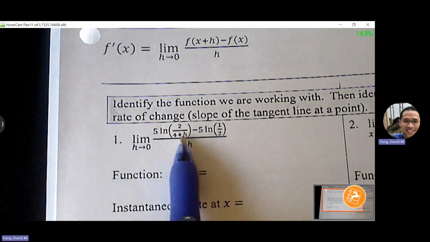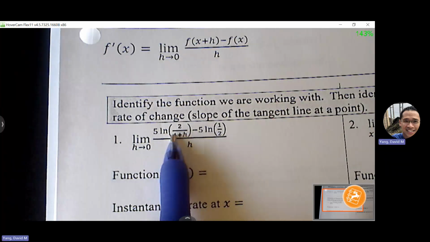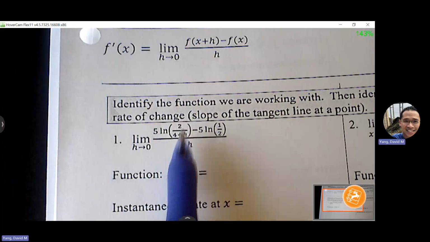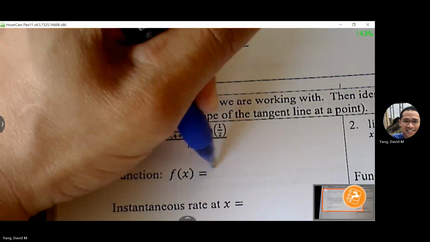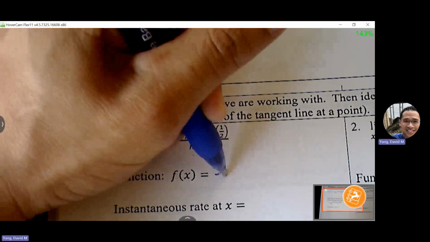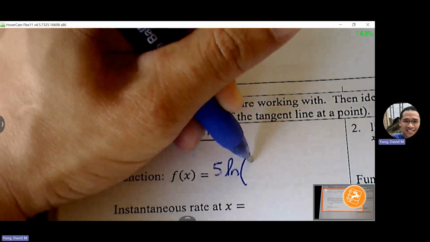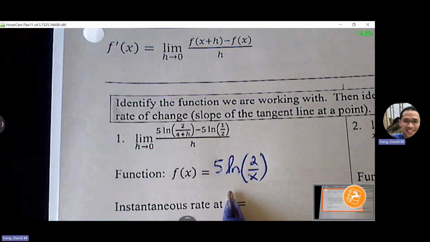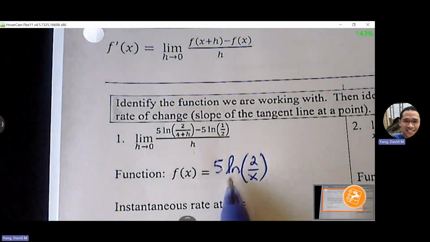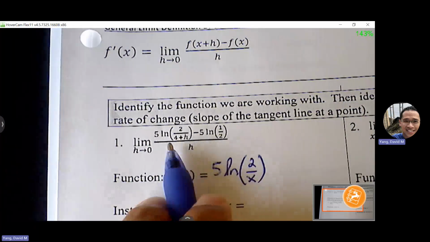So this 4 plus h is coming from x plus h. And then I can put that x plus h back with just x. So what's my function? 5 natural log of 2 over x. That's the function. So if we were to build the limit definition from scratch, it would eventually get to this point.